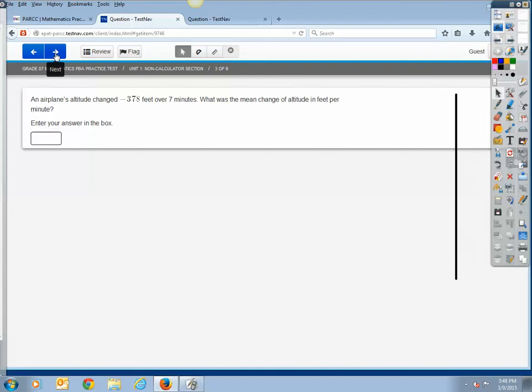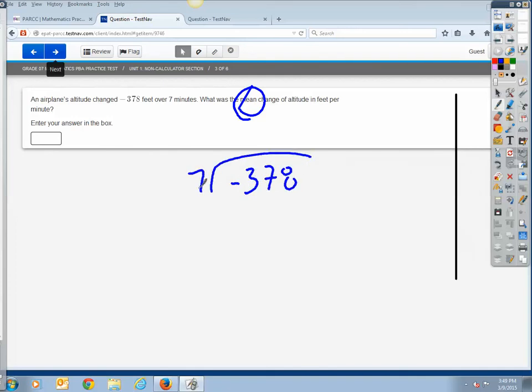An airplane's altitude changed -375 feet over 7 minutes. What is the mean? Again, the mean is average, better known as slope. So if we went down 378, divided by 7, I know I'm going to have a negative answer because a negative divided by a positive is a negative.